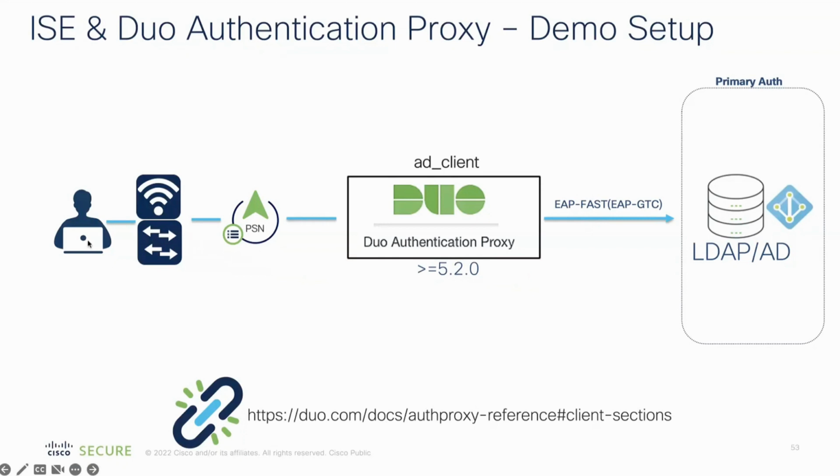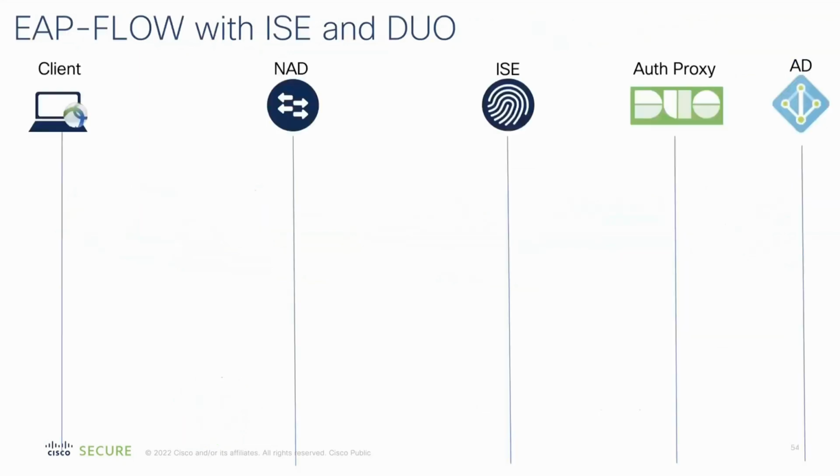The way I configured this is the user who is trying to come over the wired and wireless network sends a RADIUS request to the PSN, and the PSN is going to forward that RADIUS authentication request to the Duo Authentication Proxy as a RADIUS token server. Now, the Duo Authentication Proxy can look into the primary authentication source, like LDAP or Active Directory, and get the response out of it. That's the setup I've done.